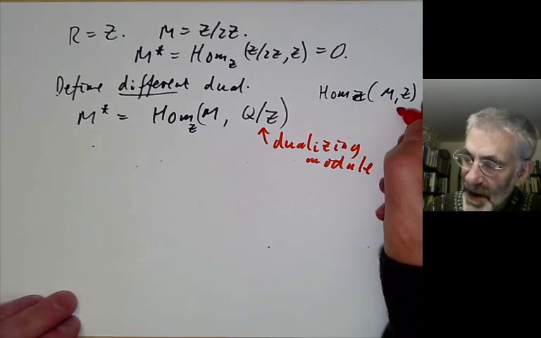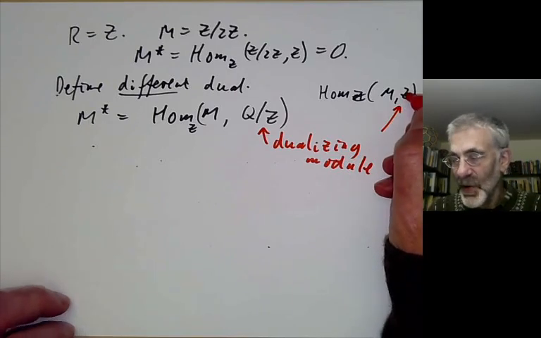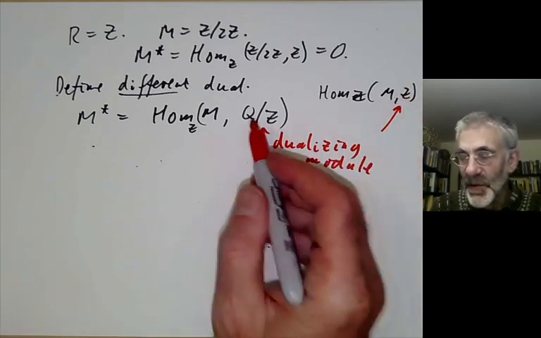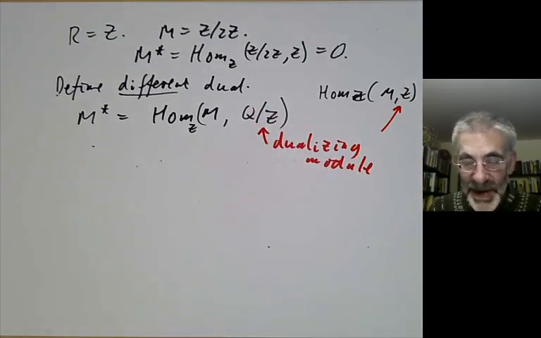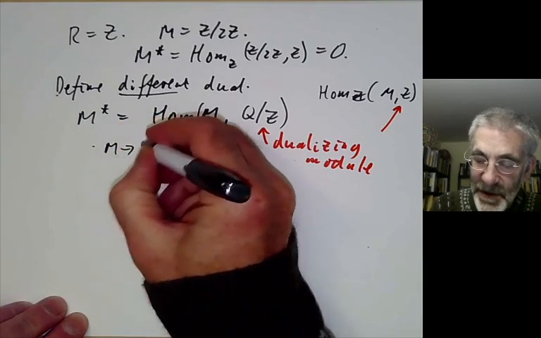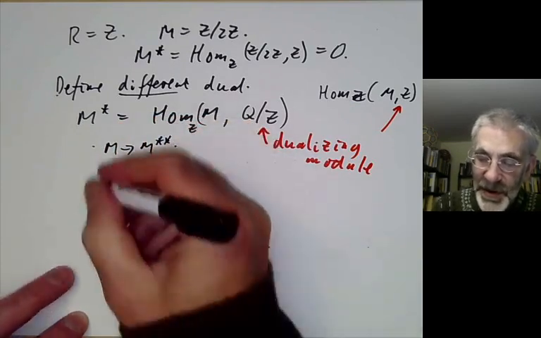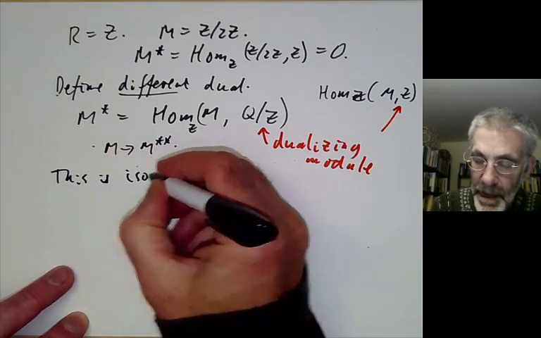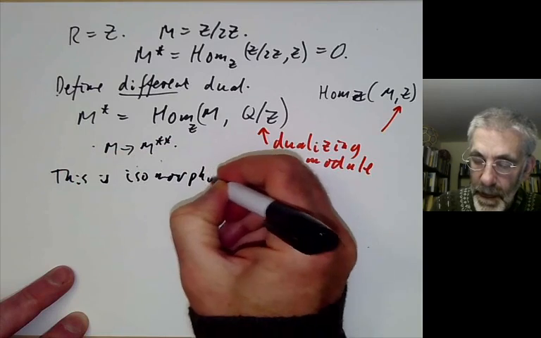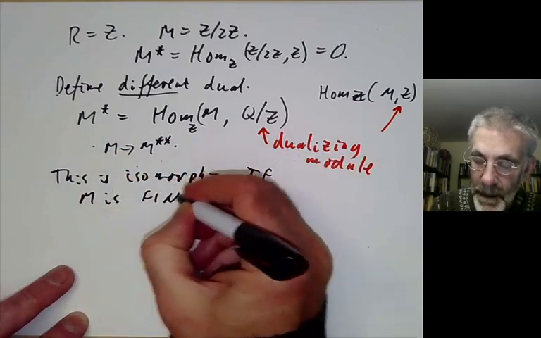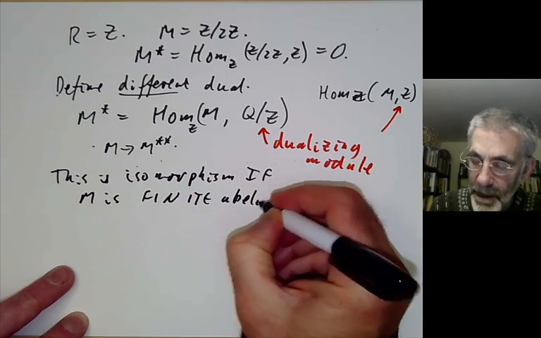So in that case we were using Z as a dualizing module, and there's no particular reason why you have to use the ring R itself as a dualizing module. We're going to see that sometimes there's a better dualizing module. And again, we have a map from M to M double dual, and what we're going to do is to show this is an isomorphism if M is a finite abelian group.